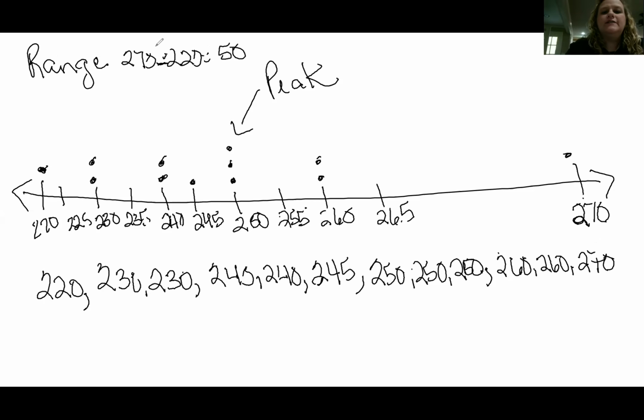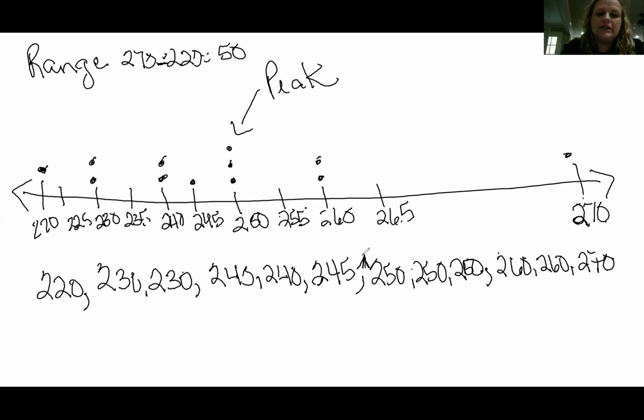Now, to find the quartiles, let's find the median. So we would cross off, work your way in, 3, 4, 5. So your median or second quartile would be between 245 and 250.